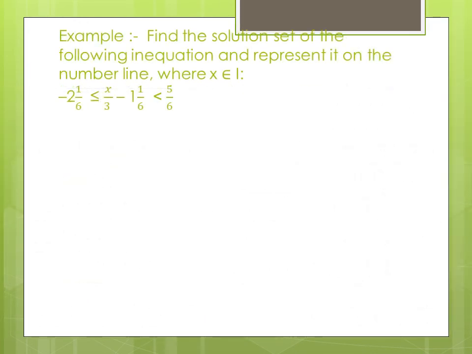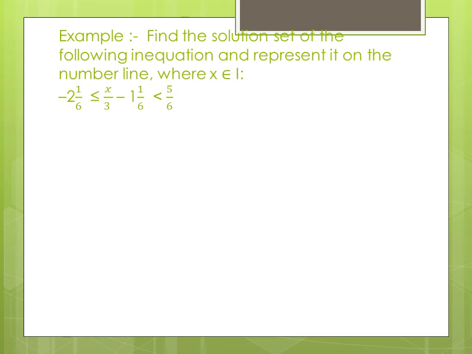Let us look at an example. Find the solution set of the following inequation and represent it on the number line. If you observe, there are two inequality signs. So you can call the first part the first term, the central part the middle term, and the last part the third term. Now how to solve it? In this case, we bifurcate into two parts.